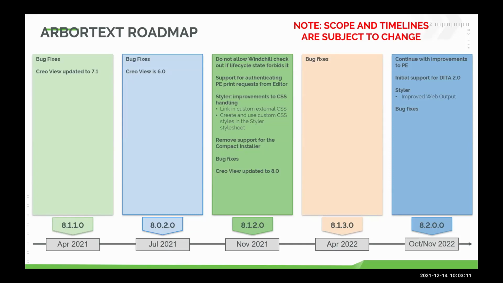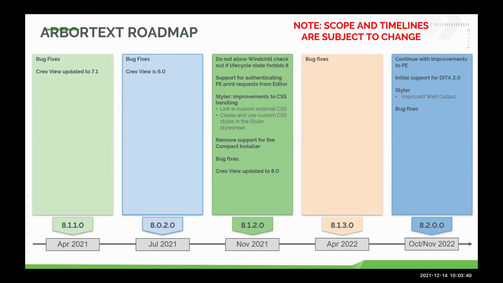And then looking forward into next year, of course, anything that's in the future is subject to change. This is just to give you a rough idea of what we're thinking. But we are expecting another maintenance release, 8130, in roughly the April timeframe. And then our next feature release, the 8.2 and 12.2, again roughly about a year from now, October, November 2022.